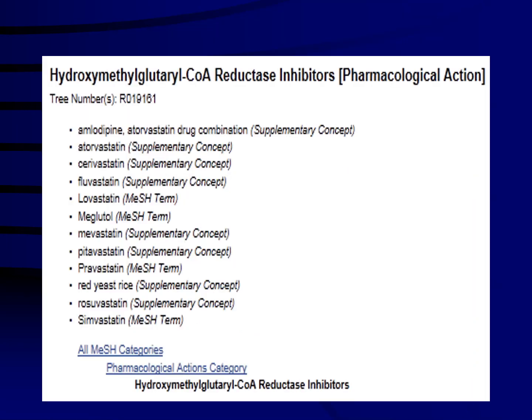You may also notice a MeSH term that refers to these agents by their pharmacologic action, and it has in brackets pharmacologic action. When you click on this MeSH term, you can see all the drugs that are mapped to this MeSH term.